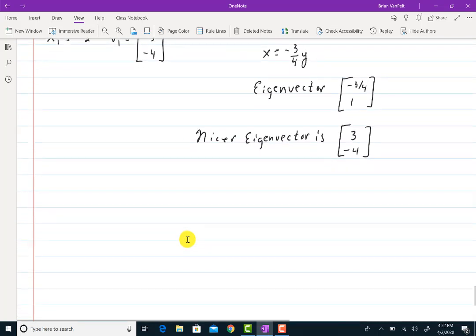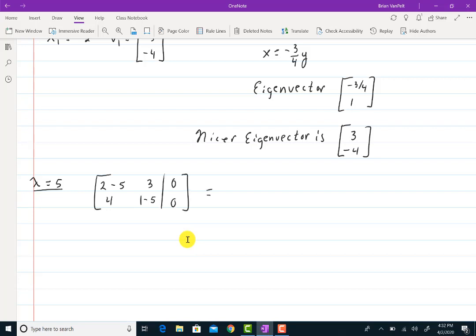So my other eigenvalue was lambda equals 5. And for that, let's take our A matrix again. So I'm going to have 2 minus 5, 4, 3, 1 minus 5, and I'll set those equal to 0. I'll get -3, 4, and then 3, -4.